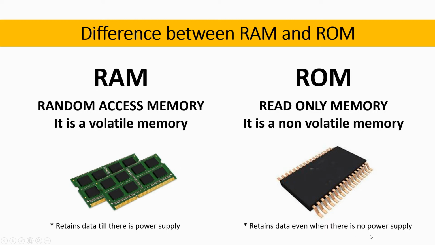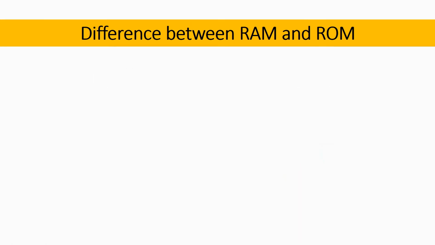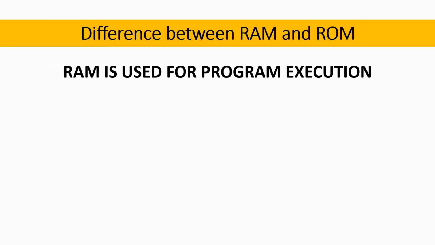Okay, so let's start with RAM now. RAM is used for program execution. In very short, you can say that RAM is used for program execution, which means every software that you run on your computer gets loaded onto the RAM, and runs through the RAM.